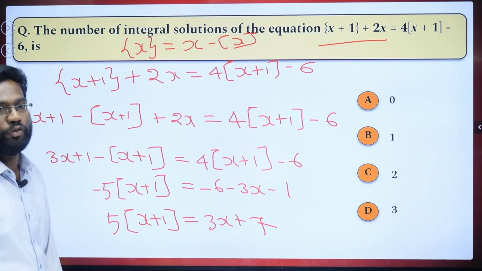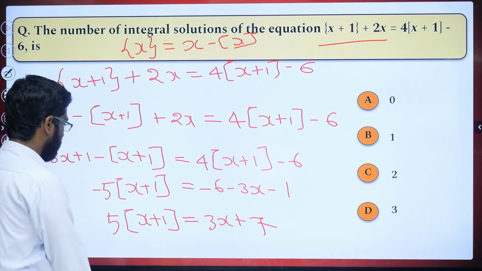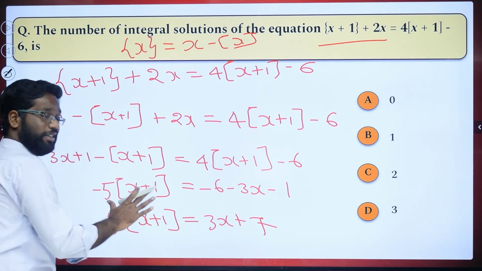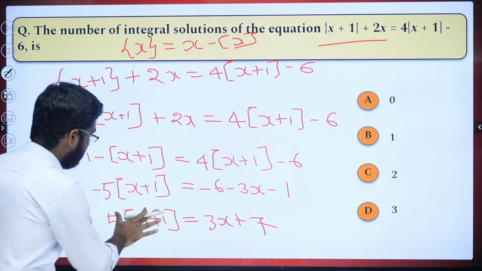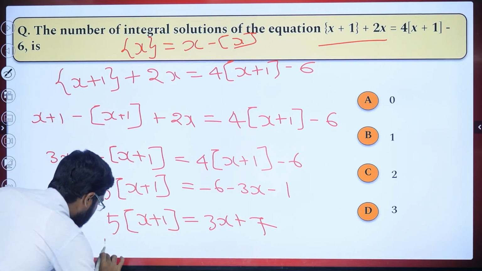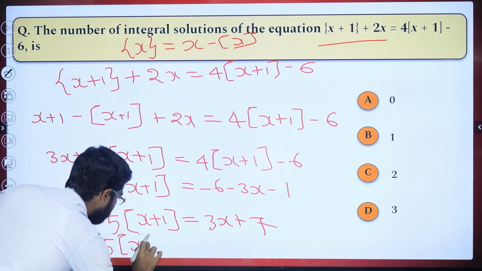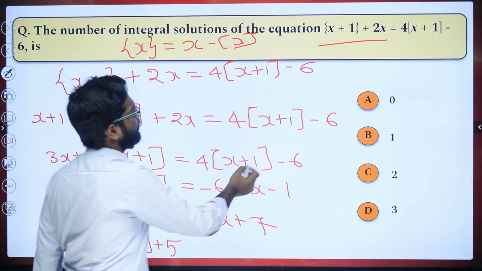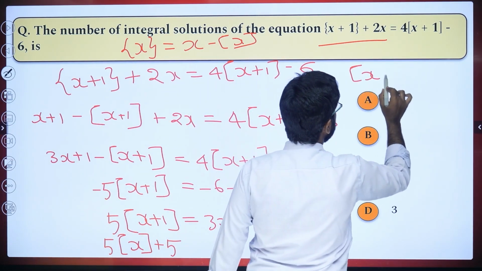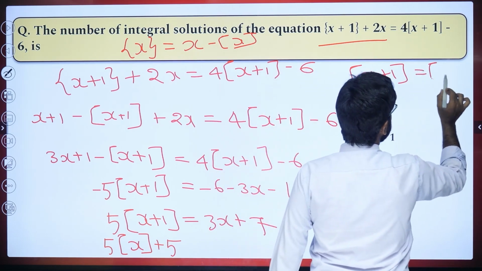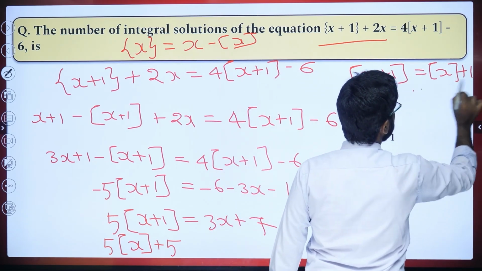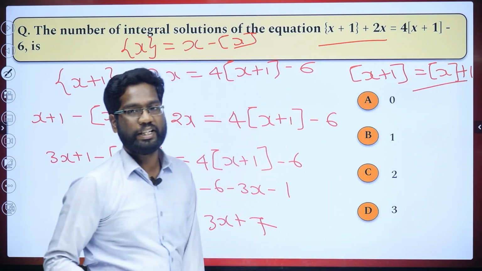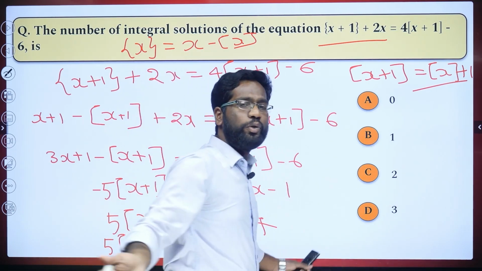Now to get the integral value, when in the greatest integer function we have seen, whenever it is there like this, I can rewrite like this. So greatest integer of x plus 1 I can rewrite as greatest integer of x plus 1. This is one important property, my dear students. For any n we can do like that.